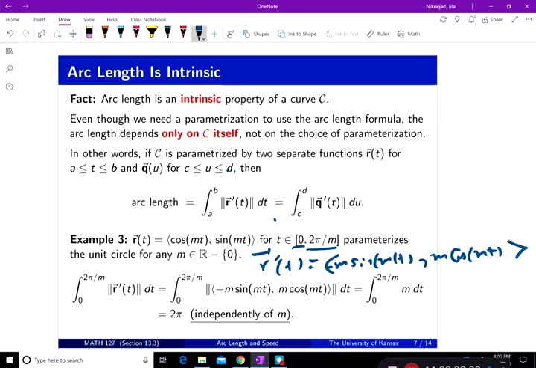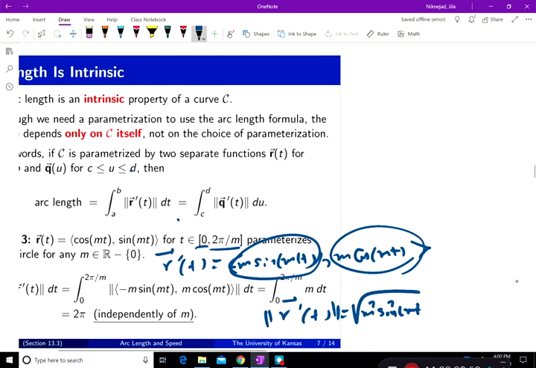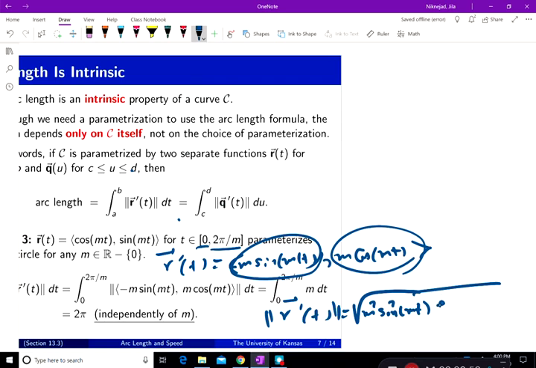And so now I have to take this part to the power 2 and that part to the power 2, which is going to give me the magnitude: the square root of m squared sine squared mt plus m squared cosine squared mt, and this ends up being m.